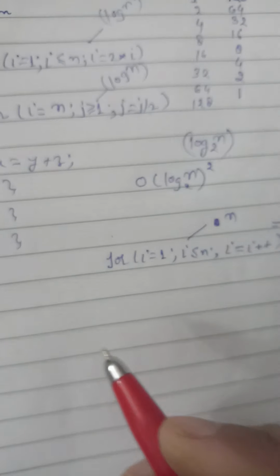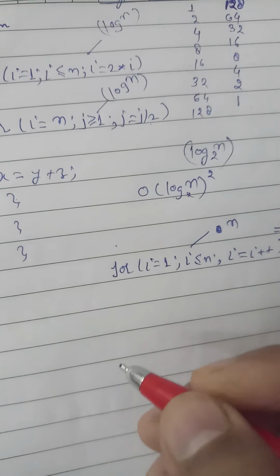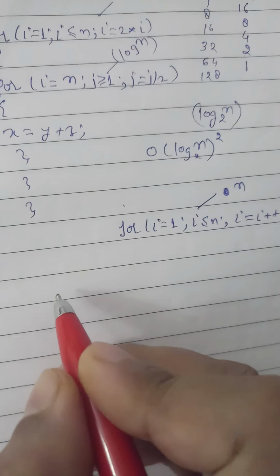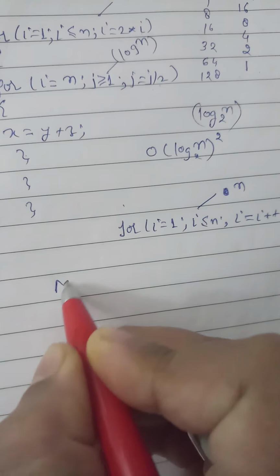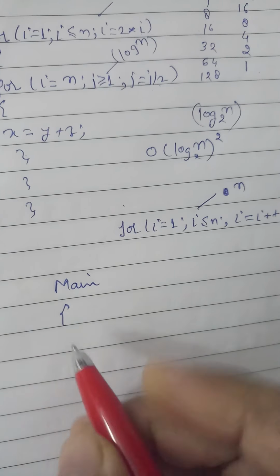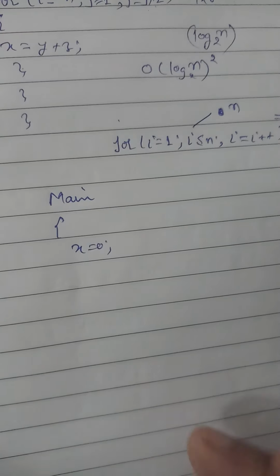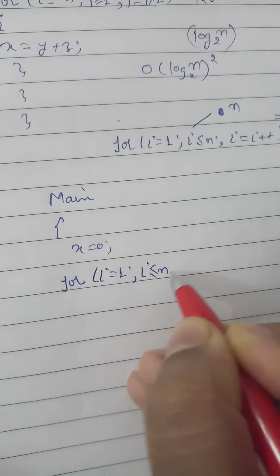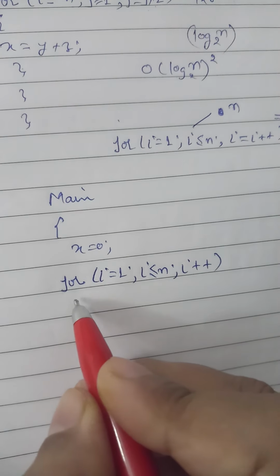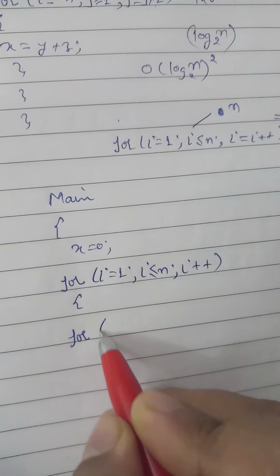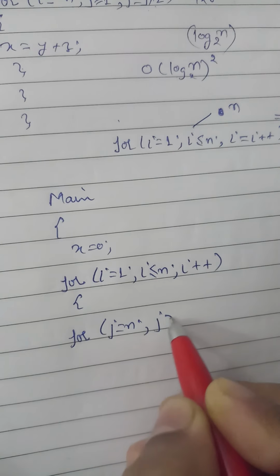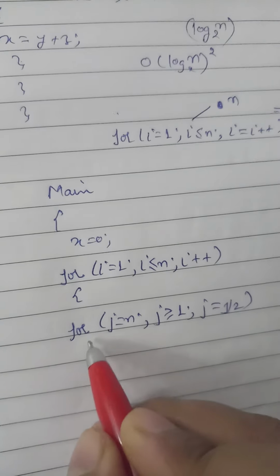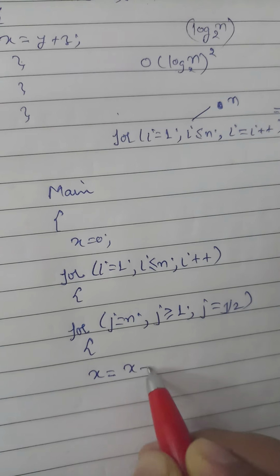So now move to the next. Suppose we have a program main, x initially 0, for i equals 1, i less than or equal to n, and i plus plus, for j equals n, j greater than or equal to 1, and j equals j by 2, and x equals x plus n.